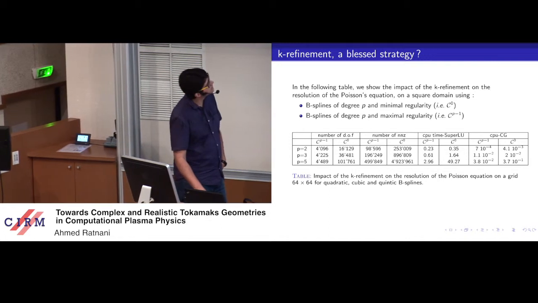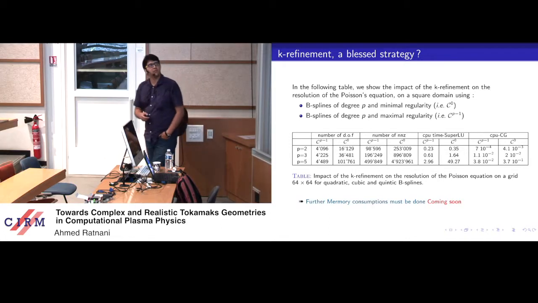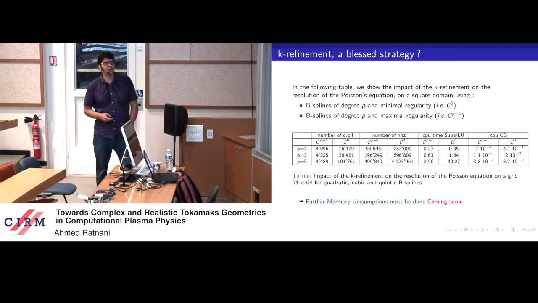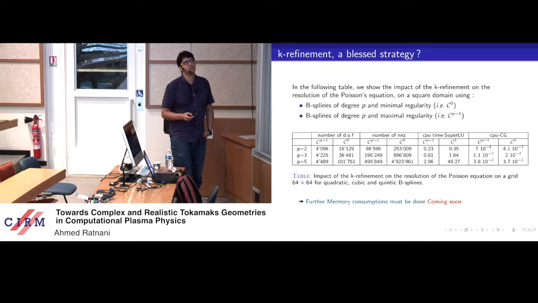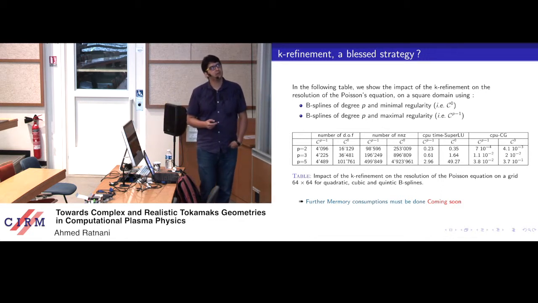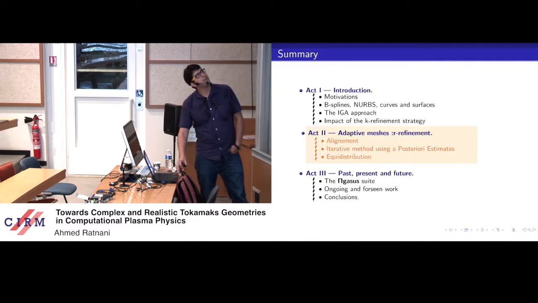But we need to measure memory consumption, especially for the LU solver, to see what is the difference between the two of them. But as you can see, the number of degrees of freedom is very high here, so we can expect that even the memory consumption is better or equivalent in the case of higher regular elements.